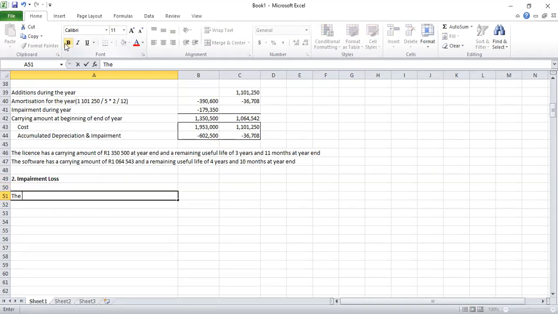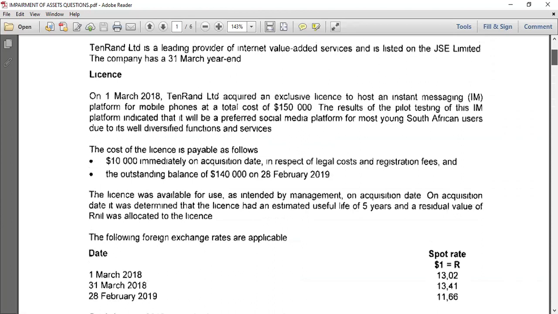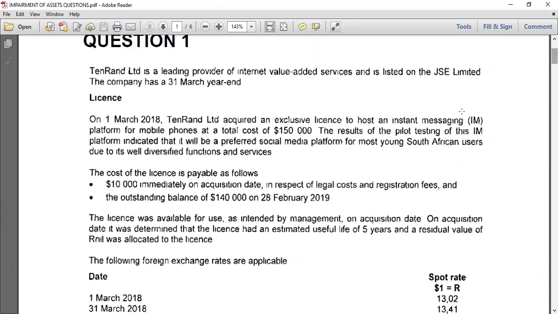The intangible assets, a license. What was it for, if we may know?